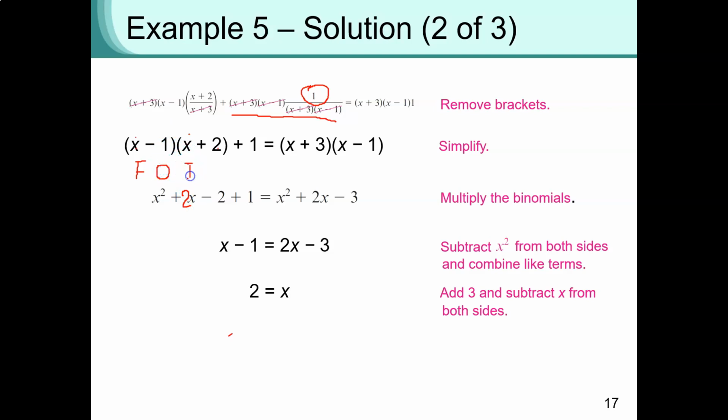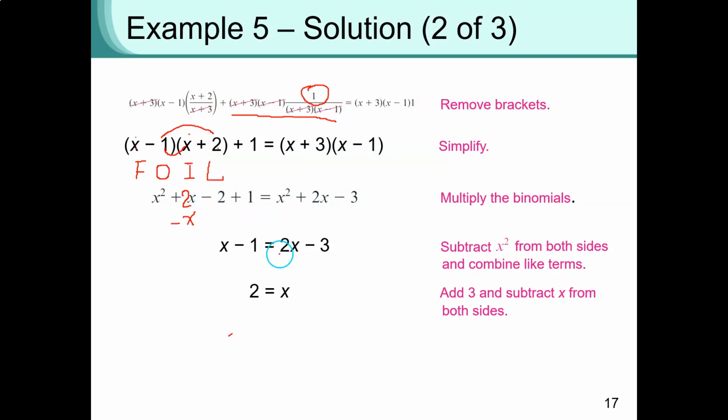Then the inside two has minus x, right? Minus x. And then the last two, which is negative 1 multiplied by 2, you will get a negative 2. Then plus 1 is equal to the right hand side. For your first two, x squared, plus 3 minus 1, you will get a positive 2x minus 3.